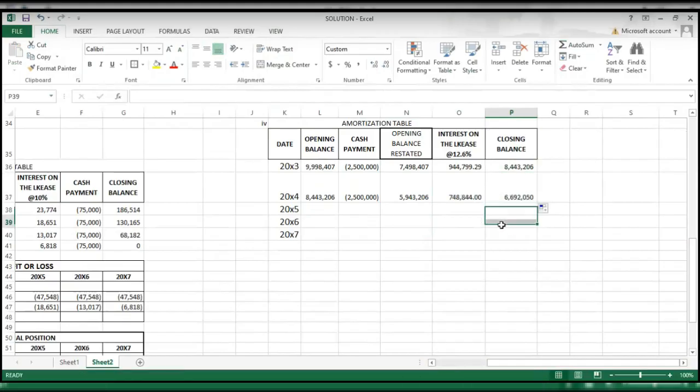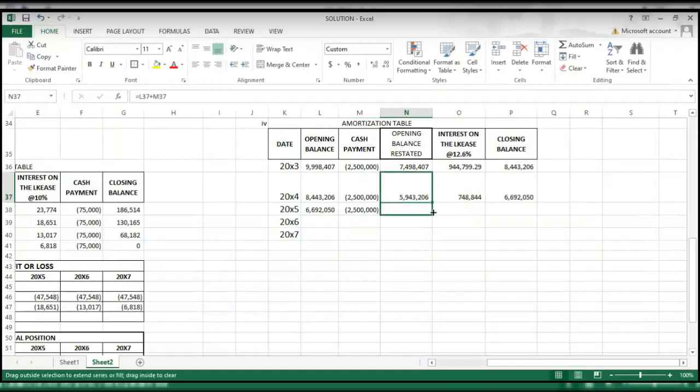In Excel, I can just drag it like this, and I have our closing balance presented. Then we have the opening balance, which will be restated when this payment is made in advance. That is this minus this.